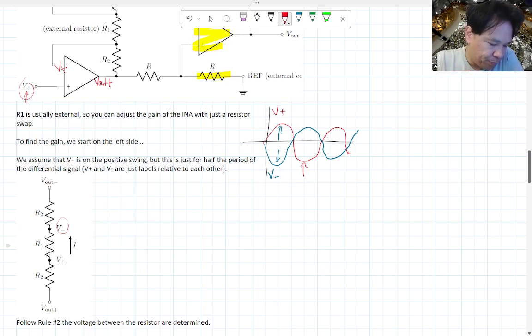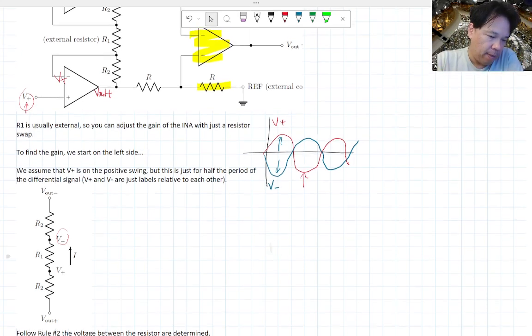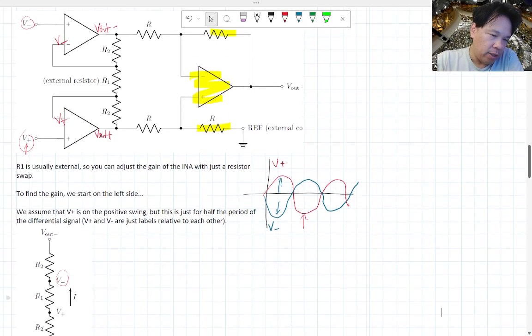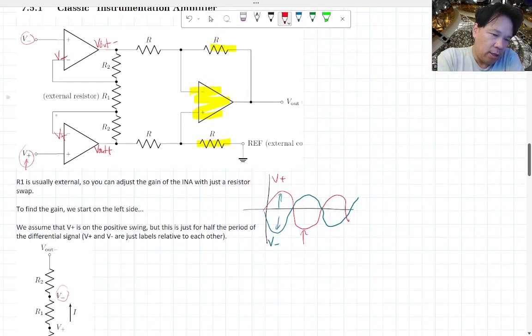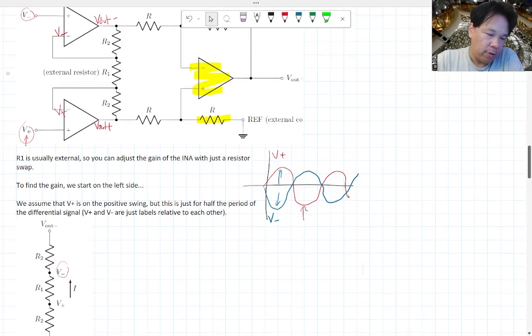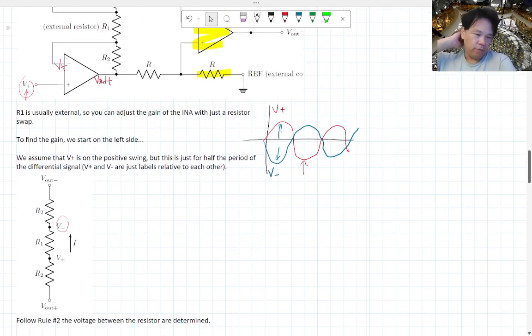And then of course the bottom of this resistor chain is going to be connected to R2. The reason we can do this is that whatever current goes out of here is going to go through this feedback loop. We're going to see how that's going to give us a differential amplifier.